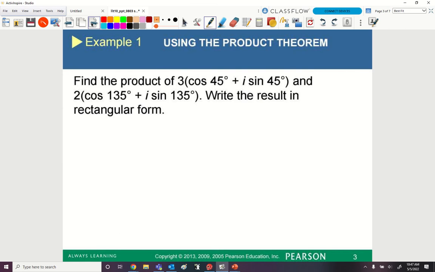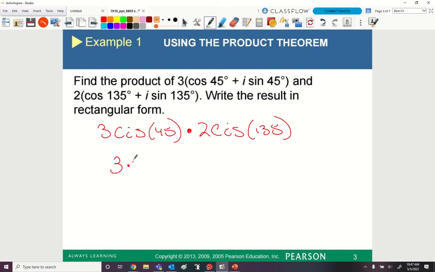So let's do this. I'm going to have 3 cis of 45 times my second one, which is 2 cis of 135. Multiplying together is going to give me 3 times 2 cis of 45 plus 135.